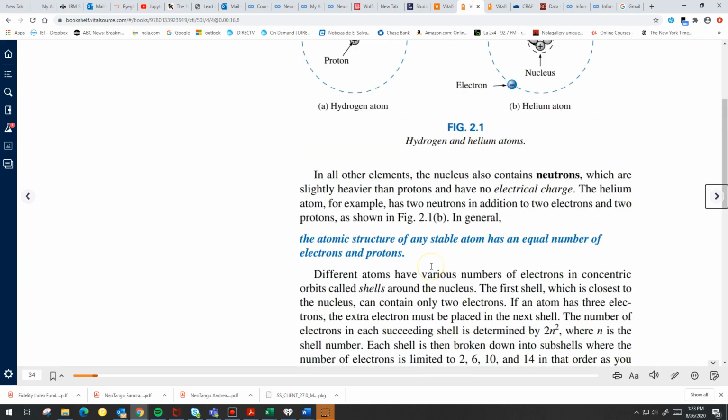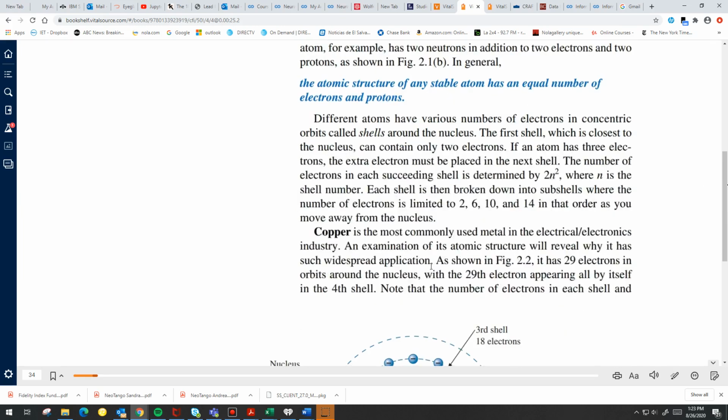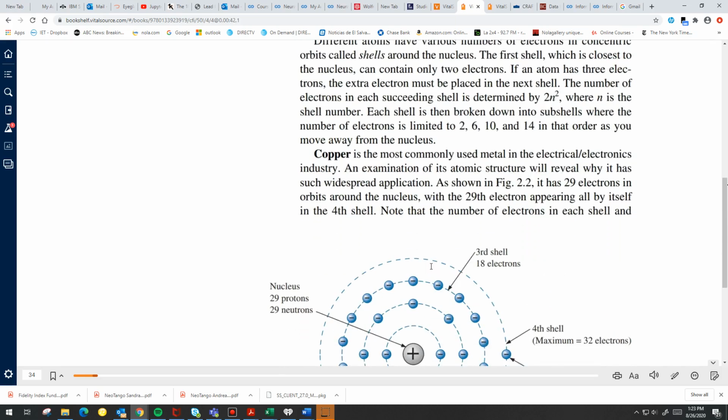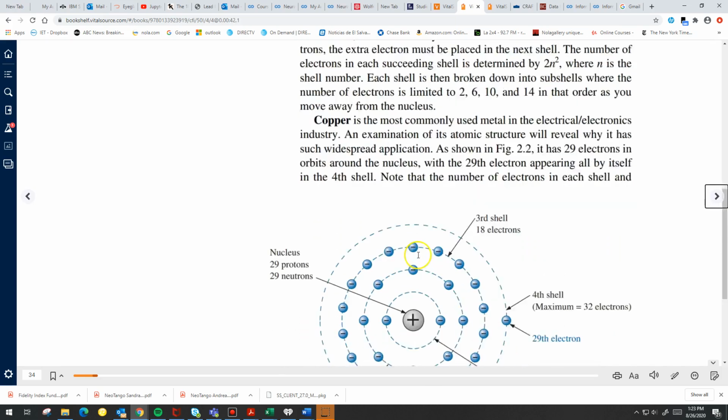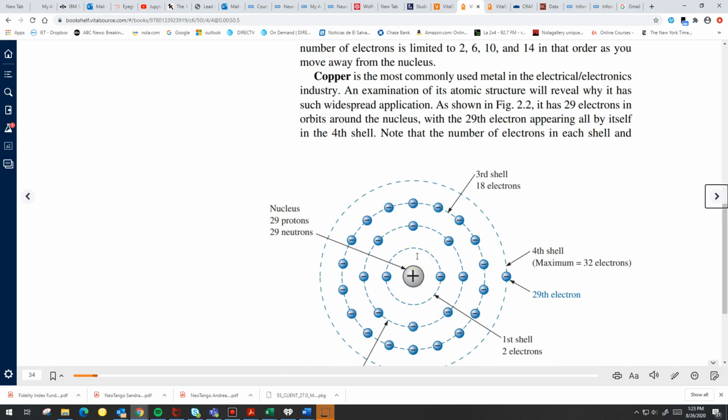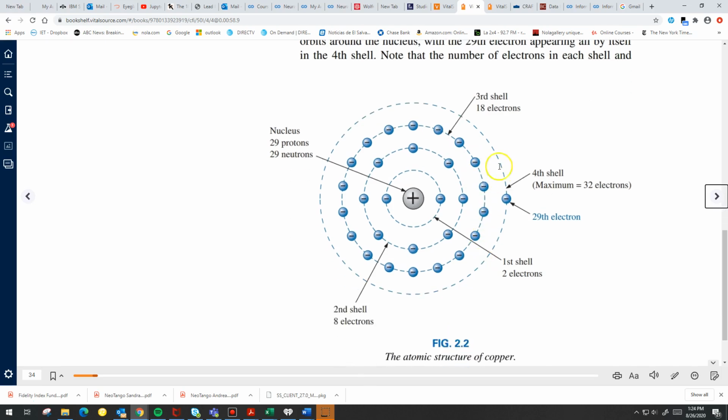So for our interests in electronics, we look at certain elements like copper, for example, which is the most commonly used conductor in electronics. If you look at copper, copper includes 4 shells. Okay, as you can see here, it has 29 protons and 29 neutrons. However, the last electron that it has is located at the outer shell, and as you can see here, it's by itself, right?